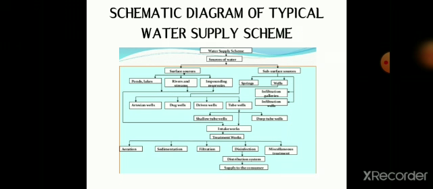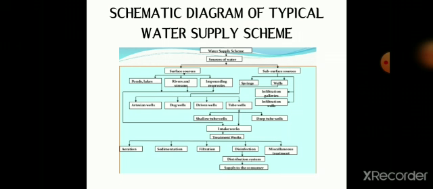Subsurface water is generally pure due to the filtration during percolation, and it is less affected by bacteria. But the demerit of subsurface water is that it is rich in dissolved salts, minerals, and gases.